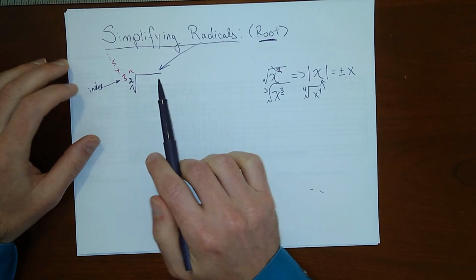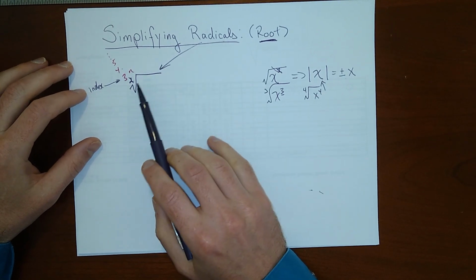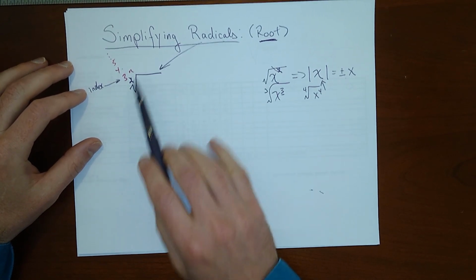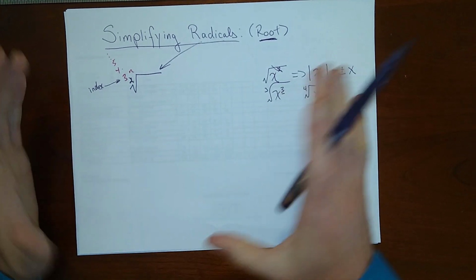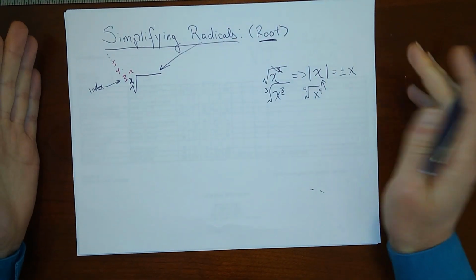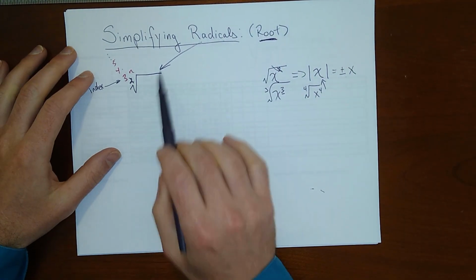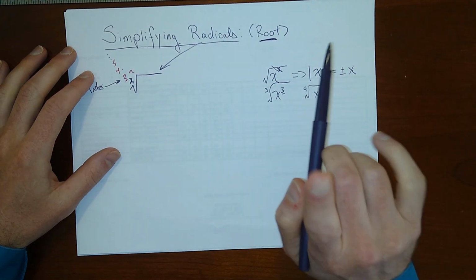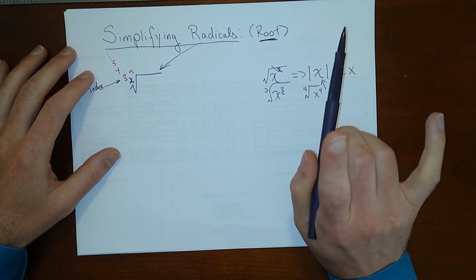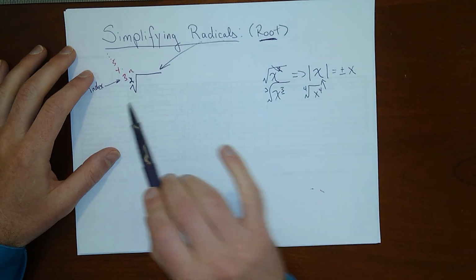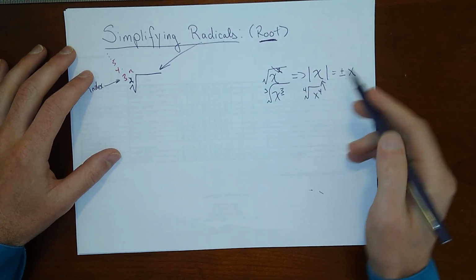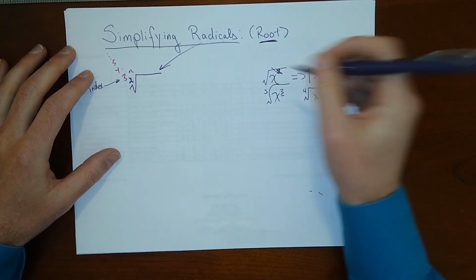What's most important to remember when simplifying radicals is that this sign is kind of like a prison. It's prison bars. You cannot break out of this except if you have the key, and there's only one key to get outside of the radical, and that's squaring.